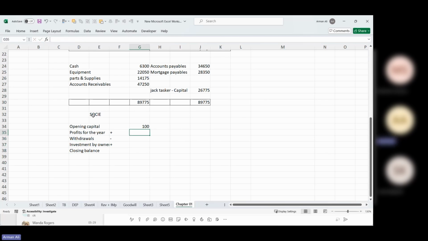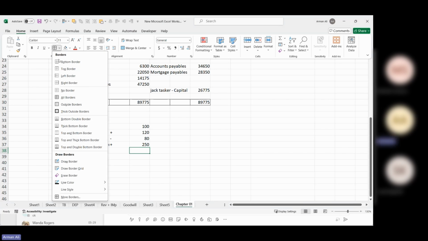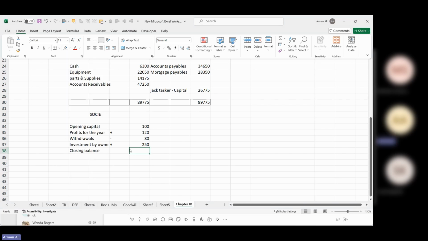So profits for the year 120, withdrawals 80. I'm just taking an example. The owner decided to invest 250 from his own pocket. And all you do is sum the whole thing, and that's it.